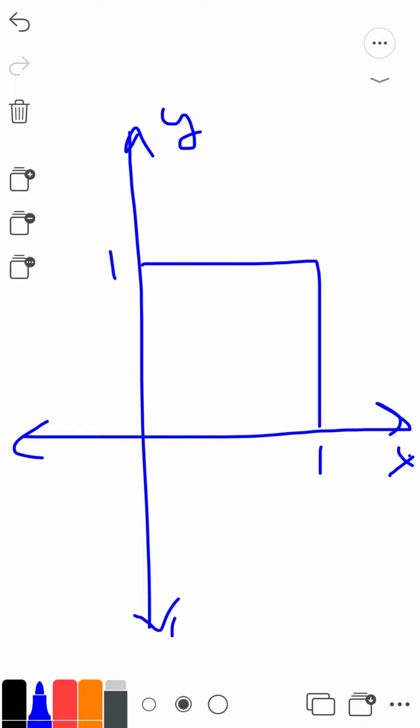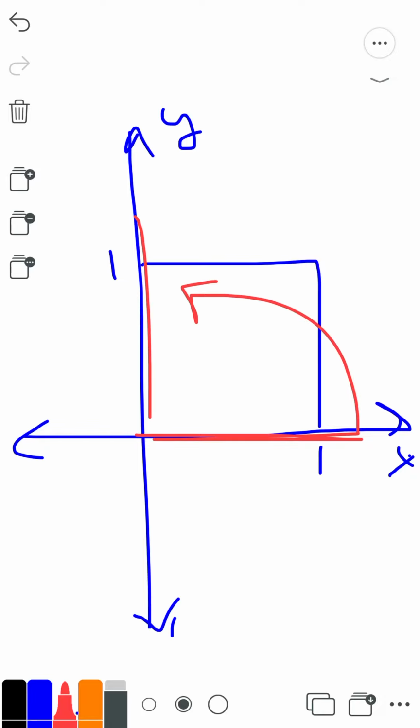So we're integrating over a unit square, and theta, which is the angle starting from the positive x-axis, will go from 0 to pi over 2. That should be pretty straightforward. It's just that the unit square is in quadrant 1, so theta goes from 0 to pi over 2.